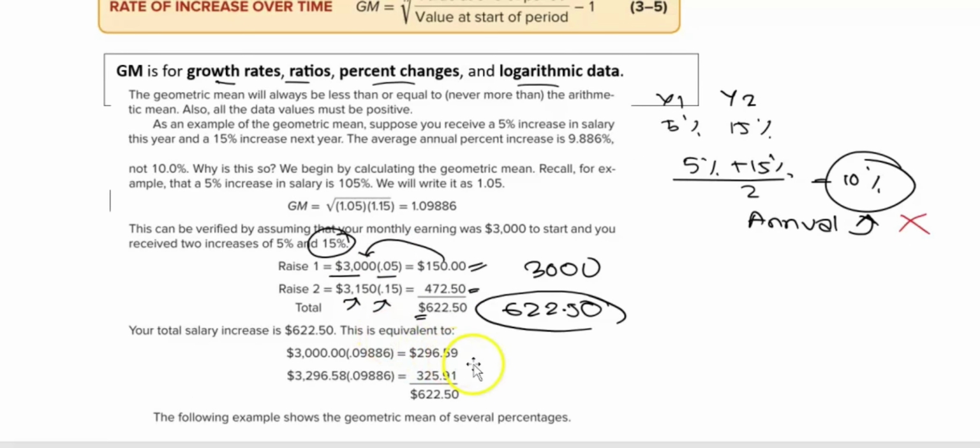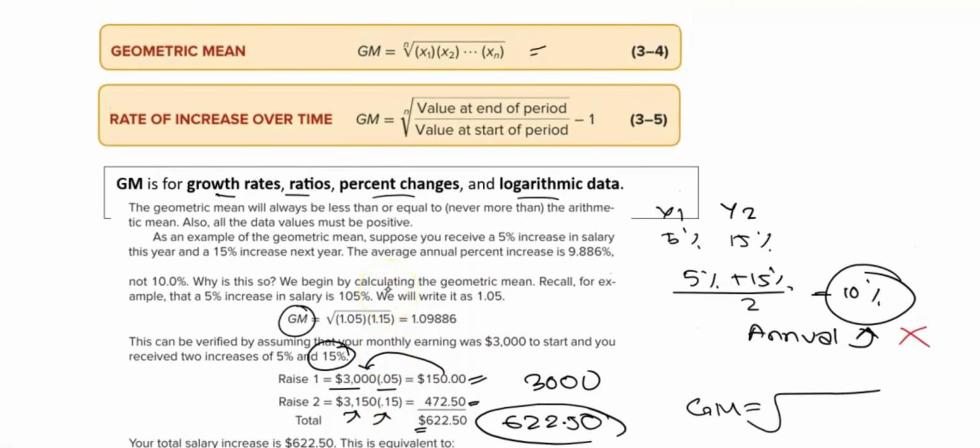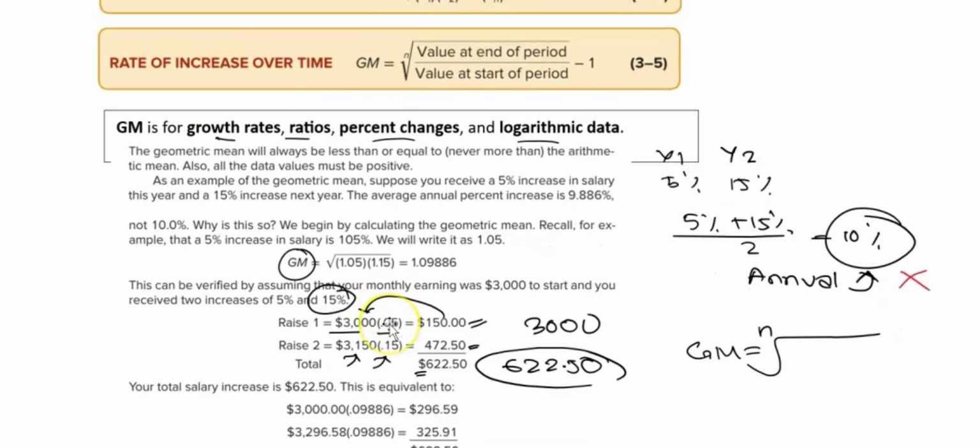এখন আমরা যদি geometric mean বের করি, we'll see. Geometric mean এখানে বের করাই আছে। geometric mean হচ্ছে কি আমাদের n is the number of years, n is the number of values that we have, the total frequency number, and then we multiply the rates.